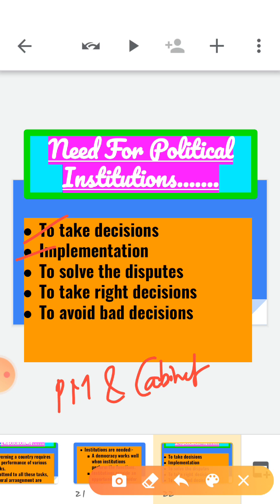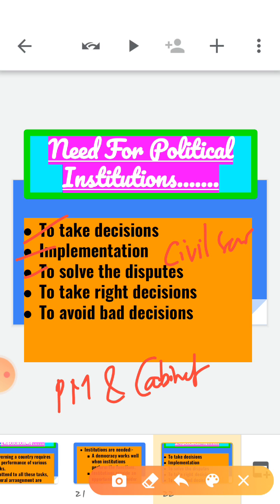Next, implementation. The decisions which have been taken are to be implemented, so countries need institutions to implement them. For that, civil servants working together are responsible for taking steps to implement the ministers' decisions.